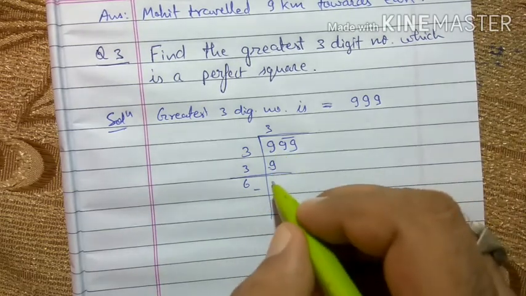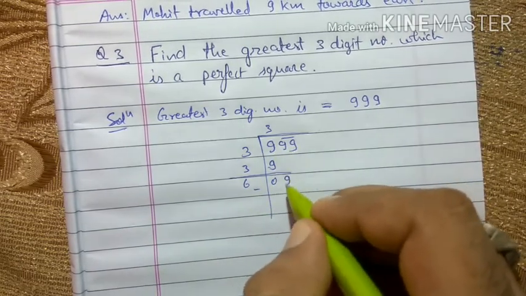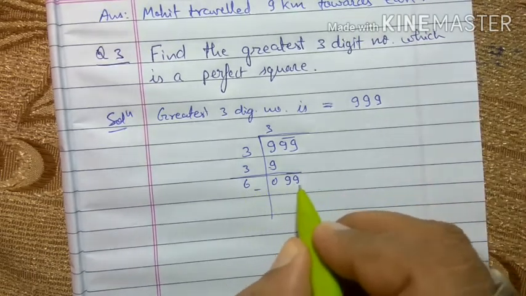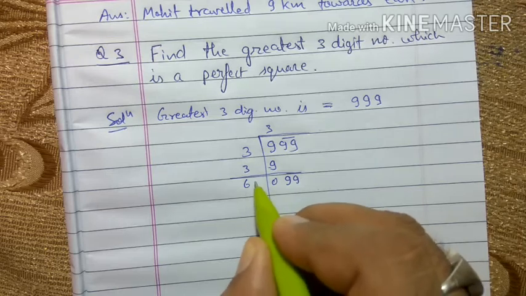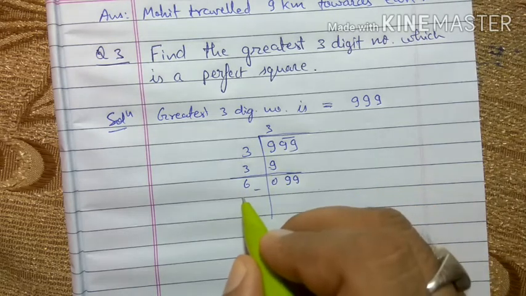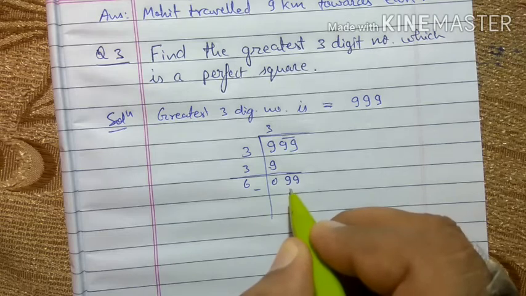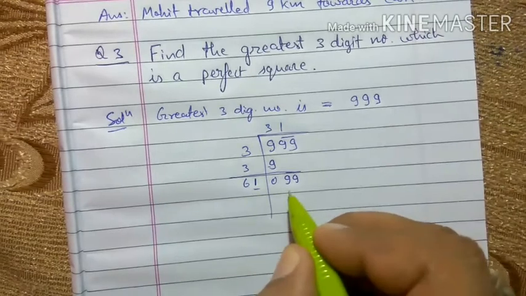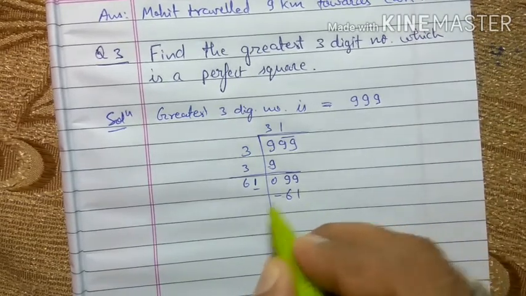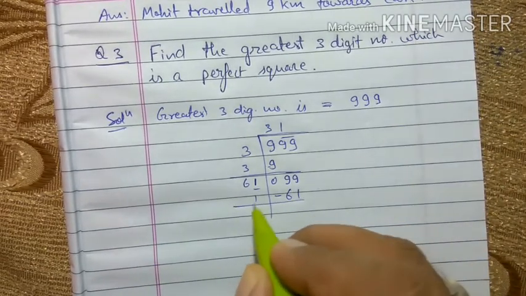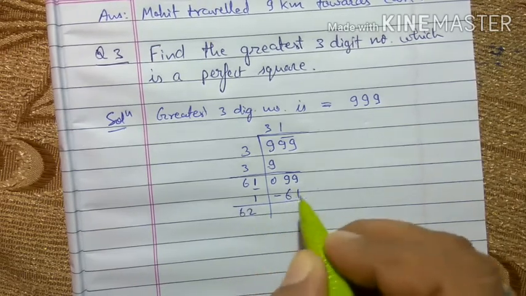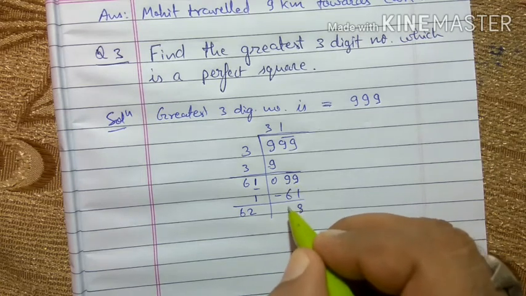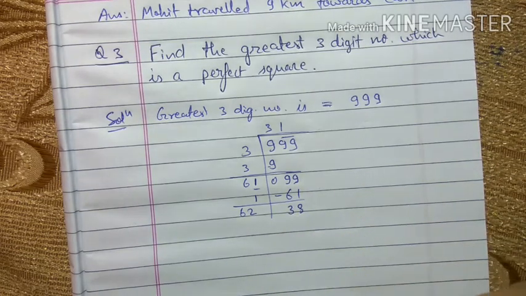Leave one place. 9 minus 9 is 0, and we take down 99. Then if we take 2, 62 twos are 124, which is greater than 99, so we take 61, 1 ones are 61. Here we subtract and here we add, so it becomes 62, and here it becomes 9 minus 1 is 8, and 9 minus 6 is 3, so 38 is left as a remainder.